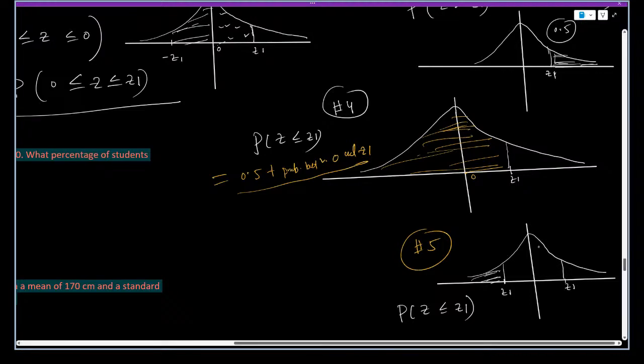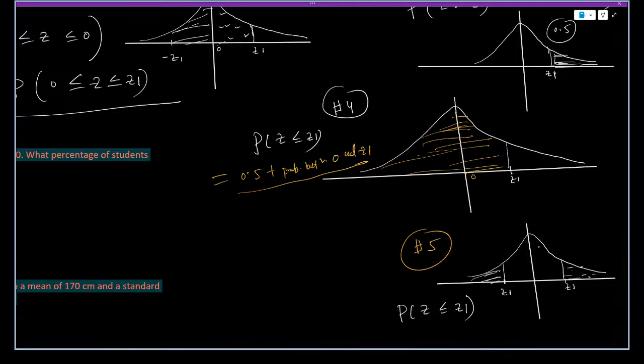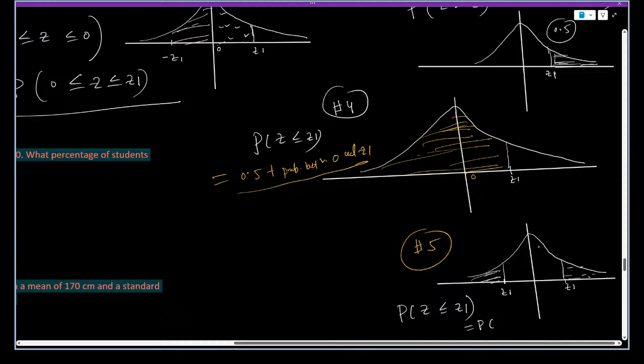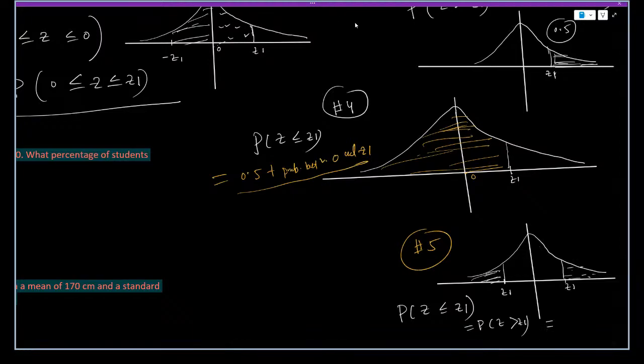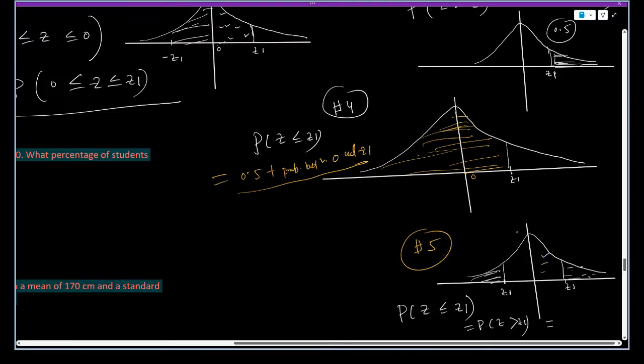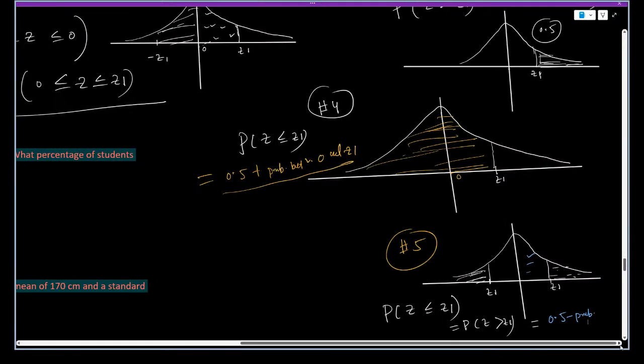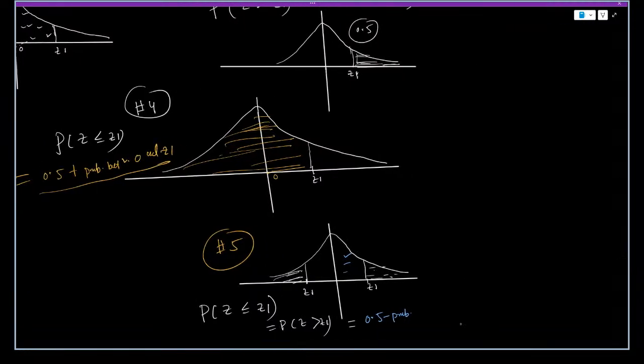So you get it from 0.5 minus the probability between 0 and Z1. Clear?